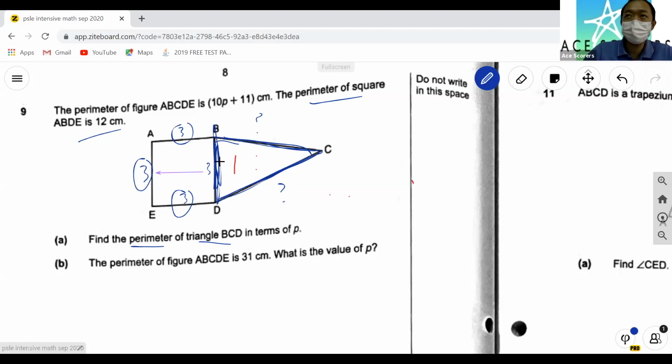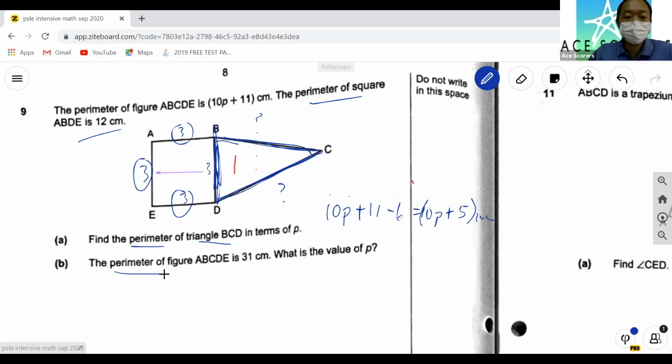But just like Turn was saying, you don't have to minus this 3 because you still need this one. So you just minus 6. The working is 10p plus 11 take away 6. So you get 10p plus 5 centimeters.